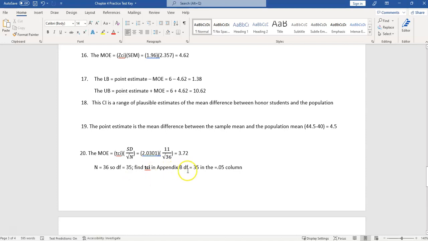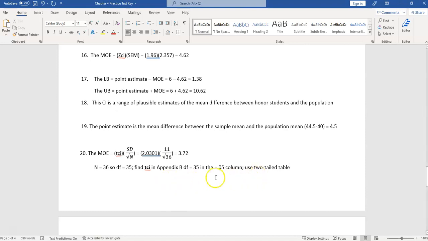You're going to have to go to Appendix B, and you're going to need to know what the DF is. Well, the DF is the sample size minus 1. So in this case, the DF is 35. So you need to go to Appendix B. You need to make sure that you're using the two-tailed table. There's two tables back there. Make sure you use the two-tailed table.